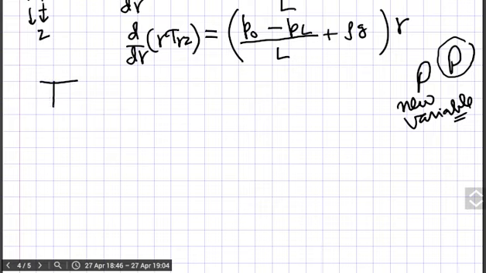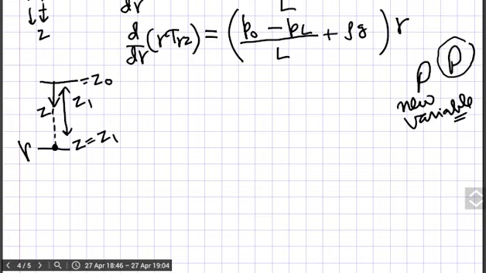Suppose this is your z direction and here z is equal to 0. Suppose you have a point at depth z1, where the pressure is P1. They define this variable, which is actually not pressure but a new variable, that's why they write it this way: P1 minus rho g z1.